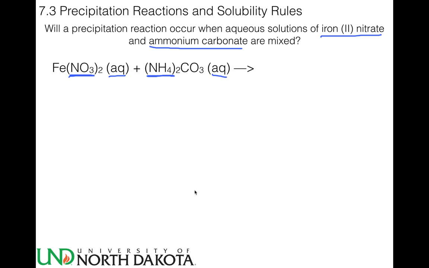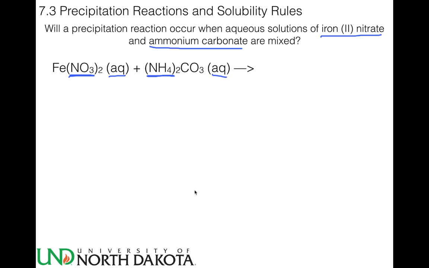In order to predict if a precipitation reaction will occur, we need to be able to predict products. I think a good way to predict products is by taking this part of a molecular equation that we're given here and making an ionic equation, meaning we split these aqueous compounds into their ions.